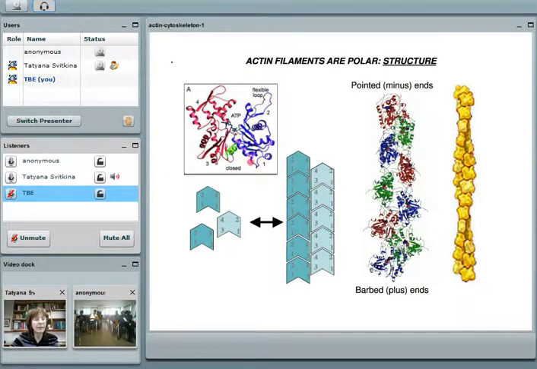So when monomers polymerize into a filament, they are all oriented the same way. If at one end subdomains 3 and 4 are exposed, the other end would have subdomains 1 and 2 exposed. This is what makes this filament asymmetric. The chemistry of one end is different from the chemistry of the other end. And this is what is called filament polarity. Ends are unequal.